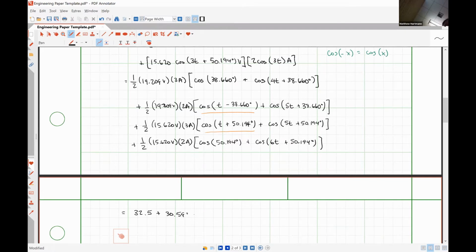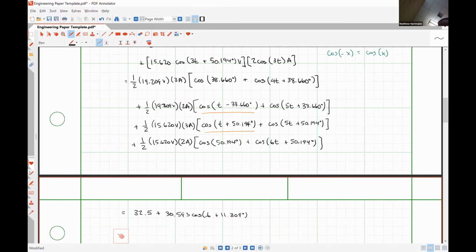30.593 cosine t plus 11.309 degrees. All right, that took care of DC and the single term. So now we're going to have 4, 5, and 6.